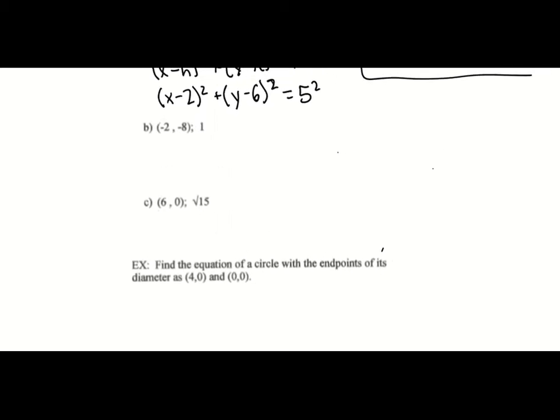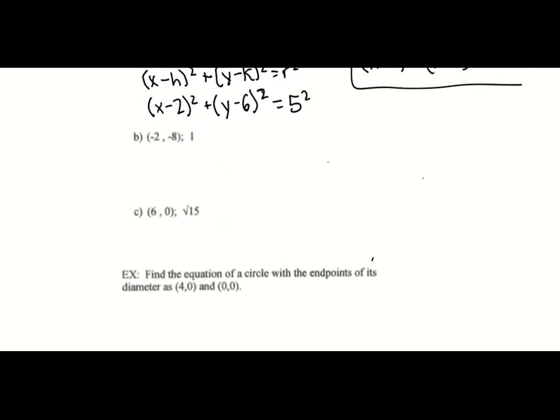In this case, I'm just going to look at the equation above, so I don't have to keep writing the original equation. We're plugging in a negative 2 for our h, so we get x minus a negative 2 squared plus y minus a negative 8 squared. And our r is 1 squared.